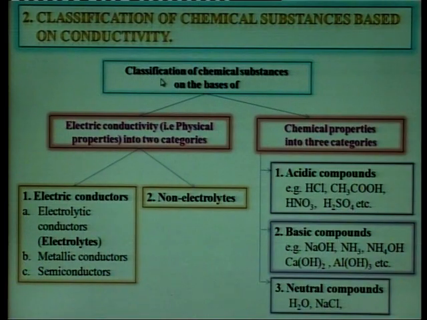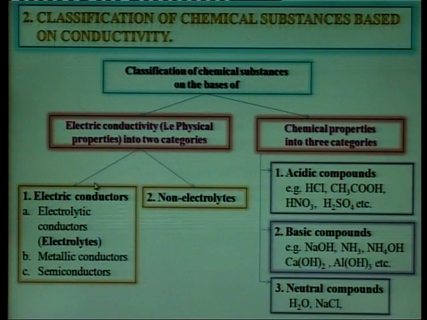However, the classification of chemical substances based on electric conductivity is quite important, and we want to know what electrolysis is. Electrolysis has something to do with the electric properties of chemical substances, and thereby which chemical process may take place is part of the conductivity of certain substances, while some of them do not conduct.